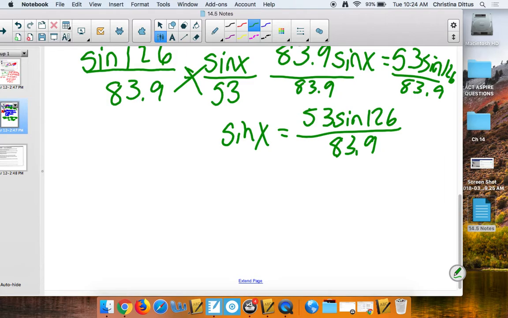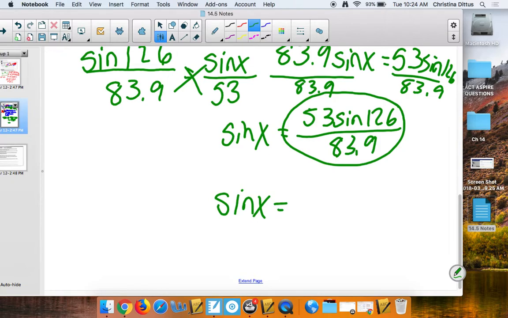If I put just this in my calculator, what do I get out? 0.5111. How do I get rid of the sine?